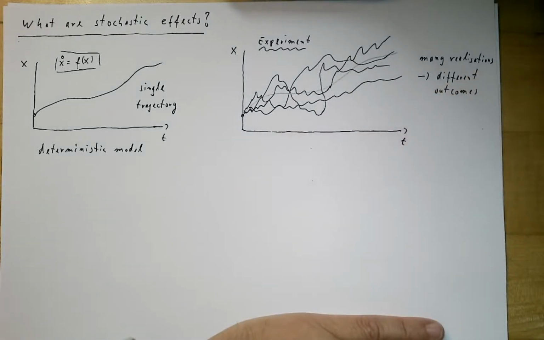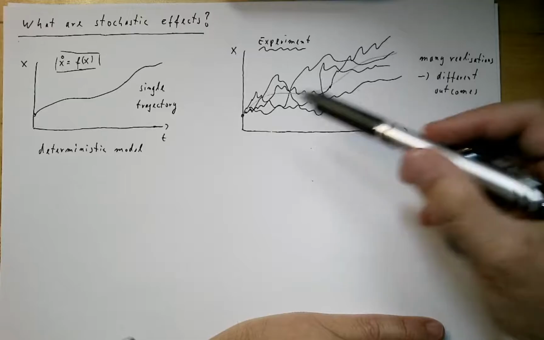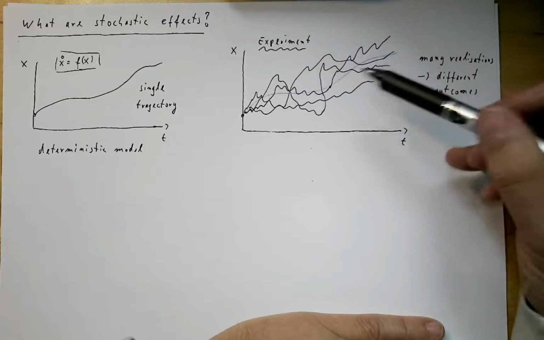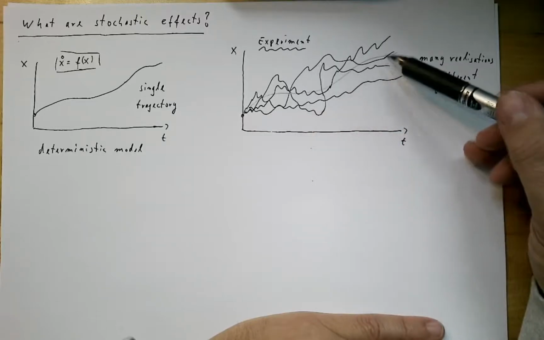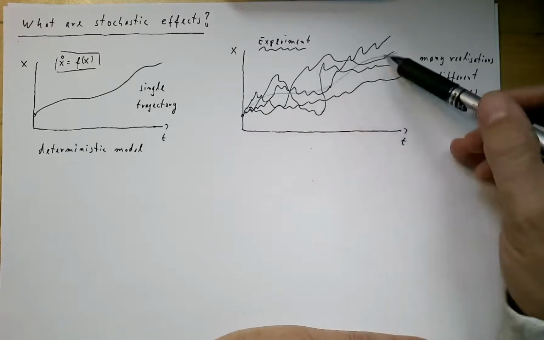And then the question is, how can we take these effects seriously and start to make models which really implement this randomness? And then the question is, where does this randomness come from? What does it mean that we cannot repeat this experiment?